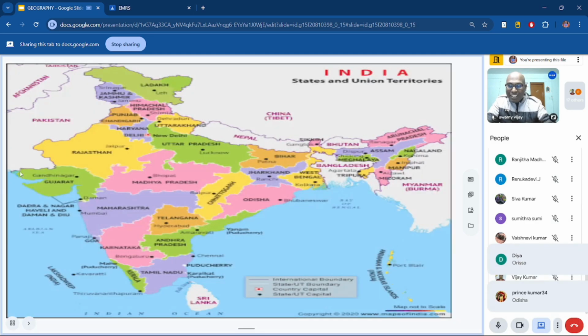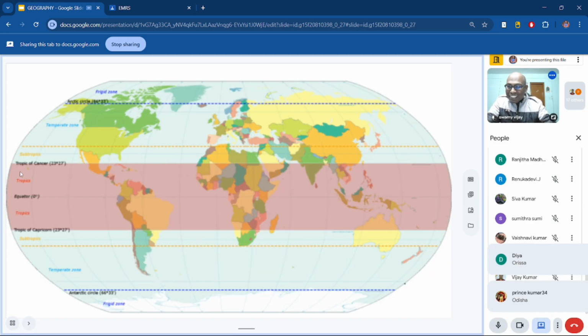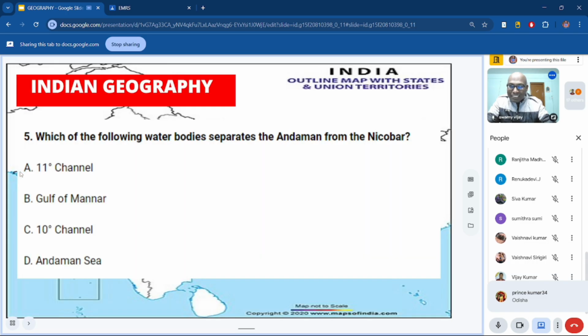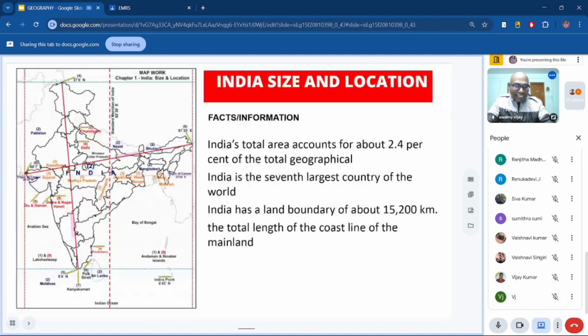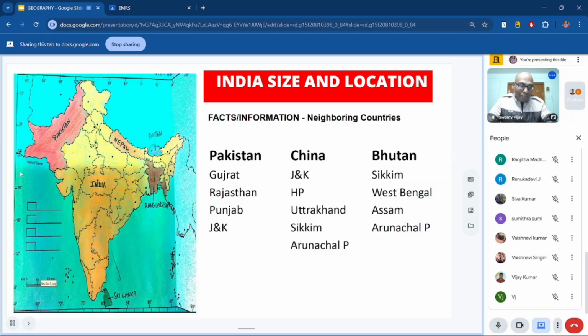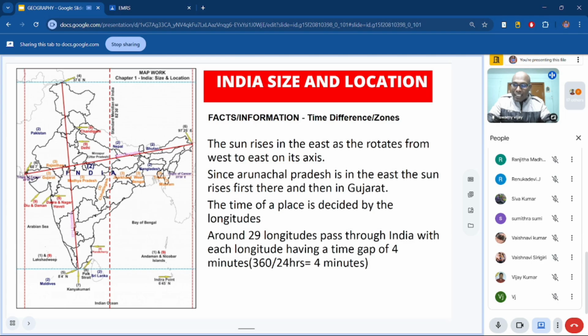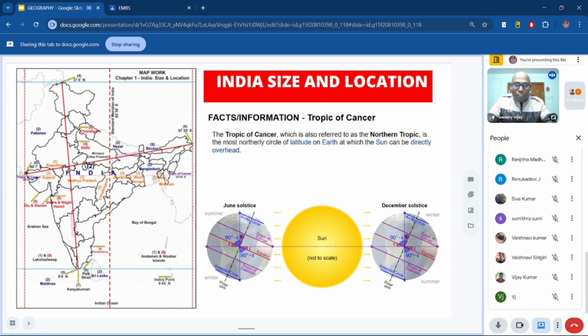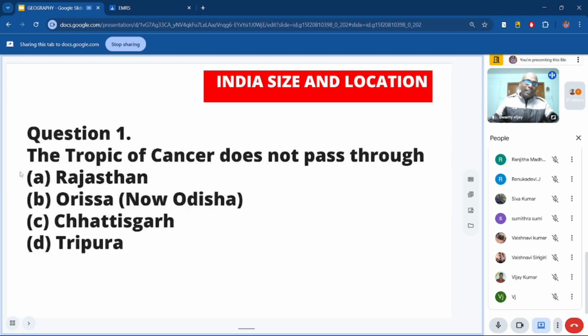Odisha, which one? Find out. Odisha is clear. Others, those who got confused, you can check the map. It doesn't pass through Odisha. Correct? Everybody has clarity? Odisha is the right answer, because Odisha is on the southern side and the Tropic of Cancer doesn't pass through Odisha.